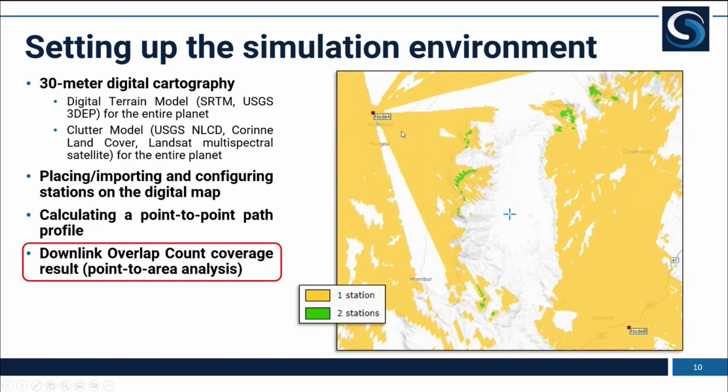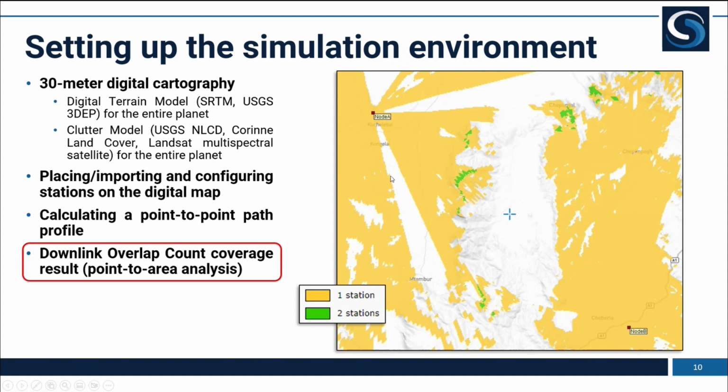So we're doing a point to area analysis to identify where there's line of sight overlap in the coverage calculations between the two nodes. So basically what we've done is we've run line of sight coverage for node A and node B, and we've done an overlap count for the coverage. So it's filtered the coverage into two colors.